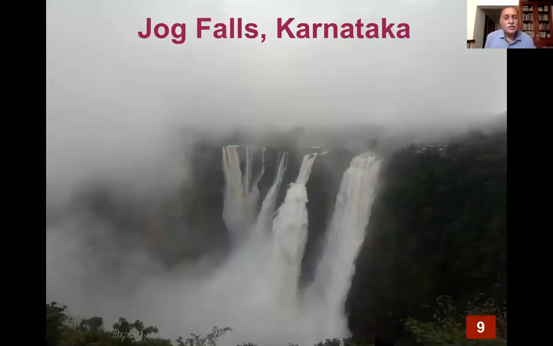There's another beautiful picture of the Jog Falls from Karnataka. Those of you who have seen it would have enjoyed its splendor in the monsoon. I chose this particular picture because the Jog Falls, for those of us who've seen it, has 4 independent falls, which all come out at different levels. Because this was taken at the peak of the monsoon, you don't really see the different levels.